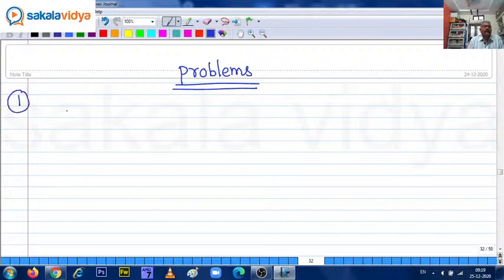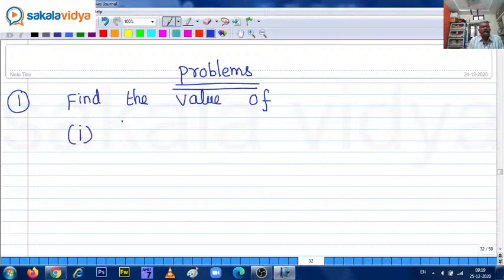Find the value of log 343 to the base 7.